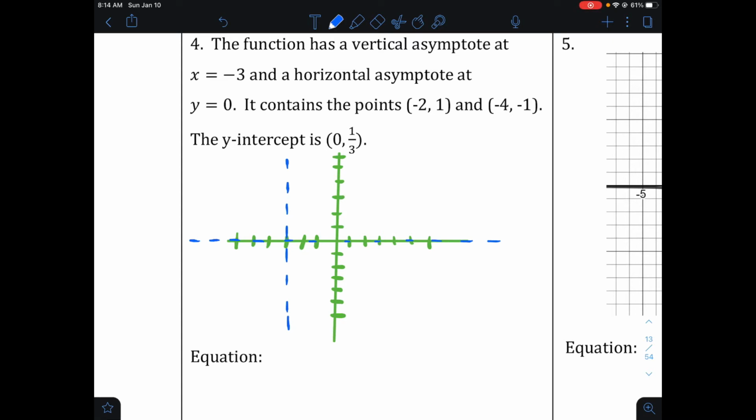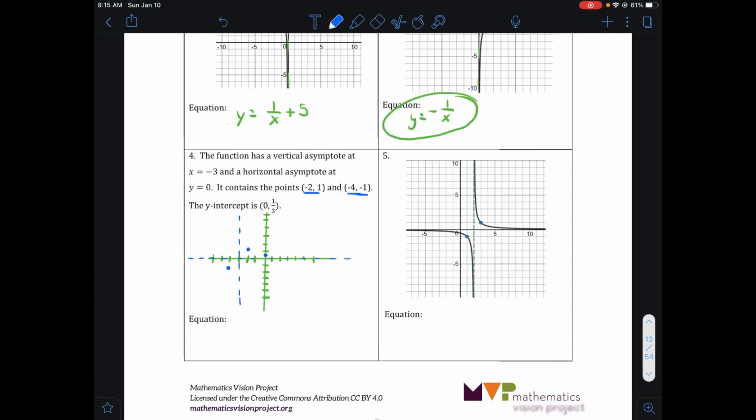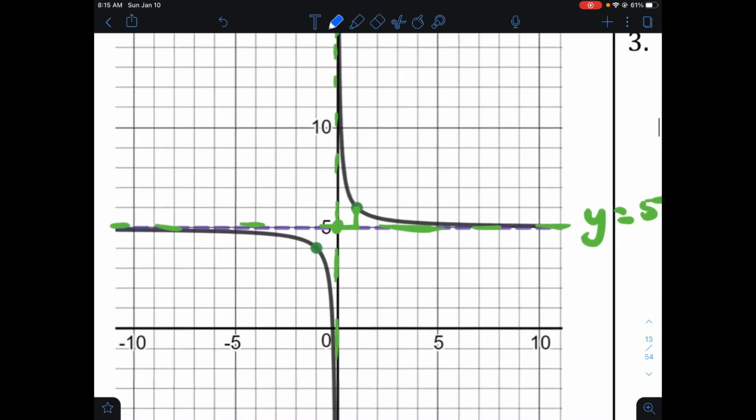Now it says it contains the points -2, 1. So we've got a point there, and -4, -1. All right, and then it tells you that your y-intercept is 0, 1/3. So I want to look at these points specifically, right? We talked about how when there is no stretch or compression, all you need to do is go where the 2 asymptotes meet up and go 1 and 1, and you should hit a point.